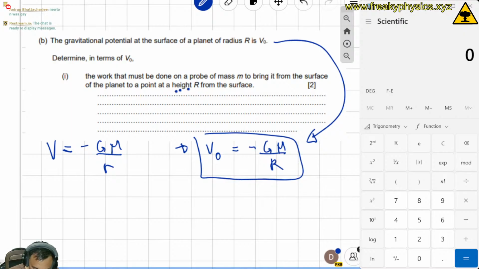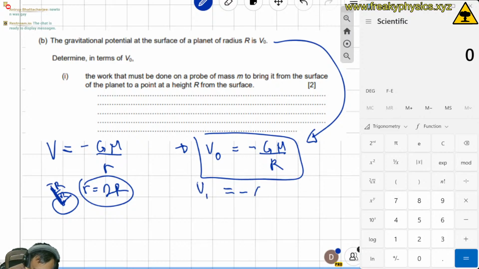Now, when you go a certain height from the planet, let's draw the planet here. That's going to be our R, and this is just the height, h, from the surface. But the height here is also R. So what's our actual distance? The distance for the second part is twice the radius. Let's call it V1. It's going to be equal to negative GM over 2R.